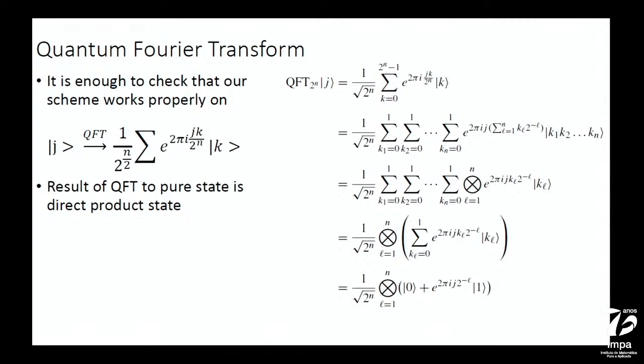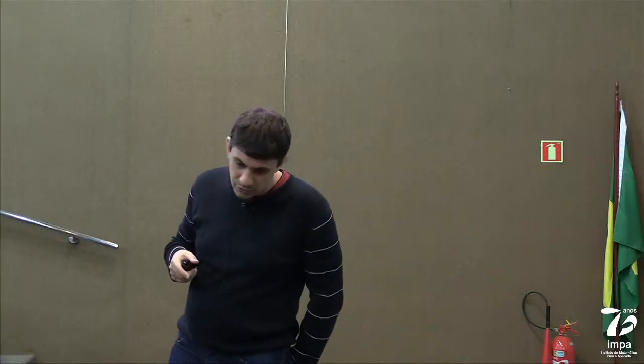There are some calculations which you could check, but in the end this becomes a direct product of states where 0 is always 0, because if I put k equal to 0, then gk is 0, and so here is 1. So I always have coefficient 1 in front of 0.